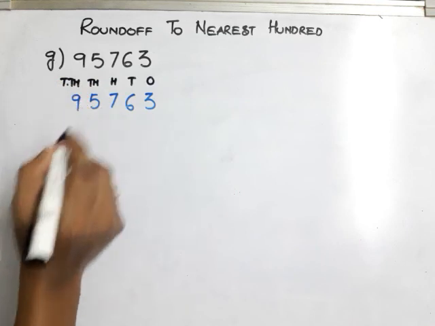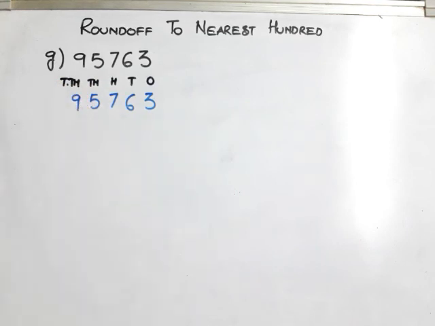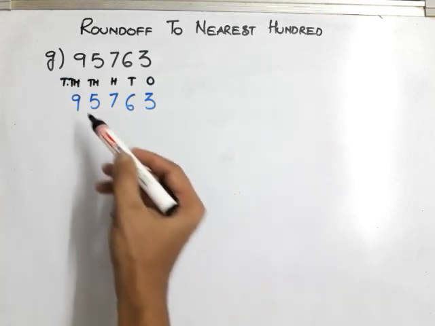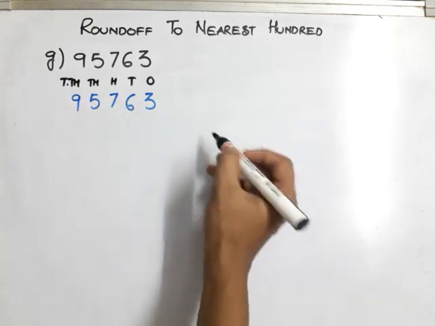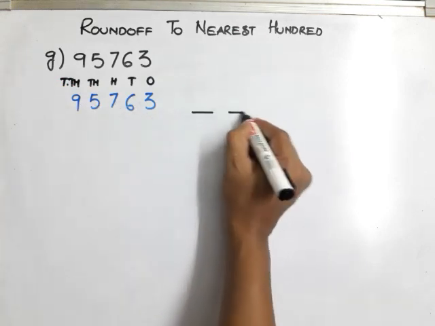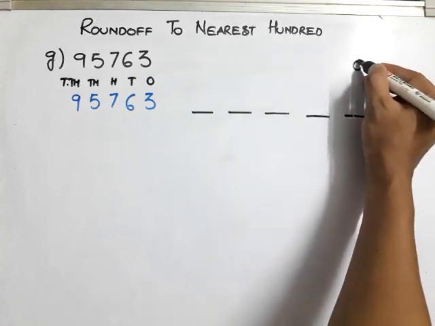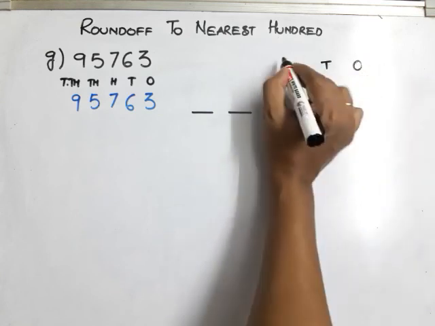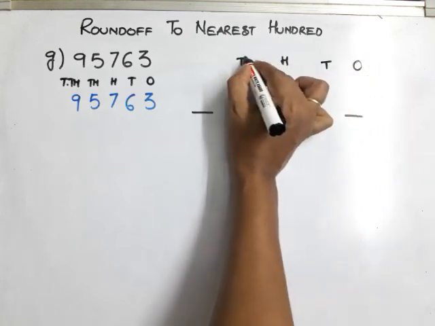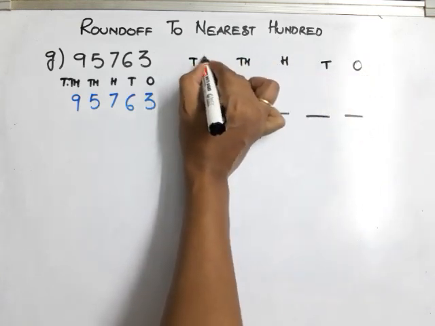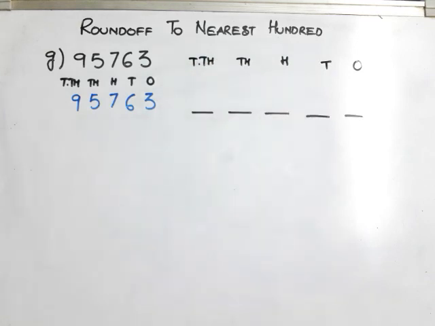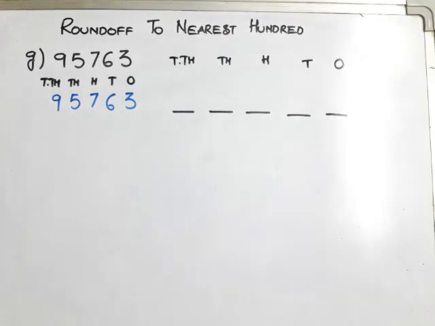How many digits are there in total? 1, 2, 3, 4, 5. So you will get 5 places: ones, tens, hundreds, thousands and 10,000s.